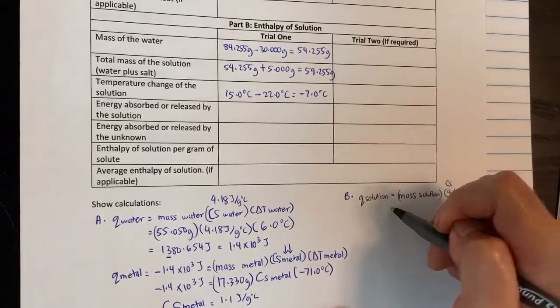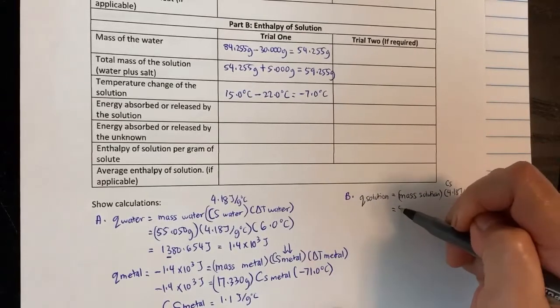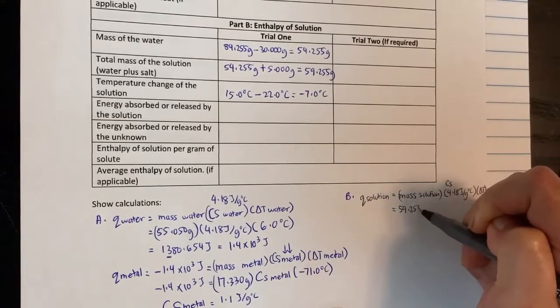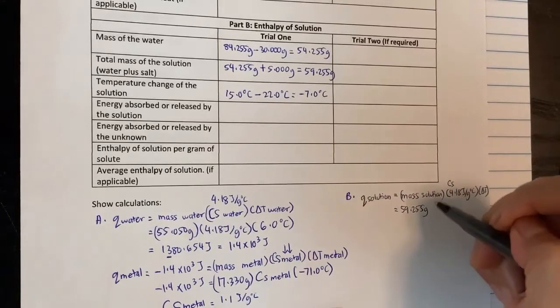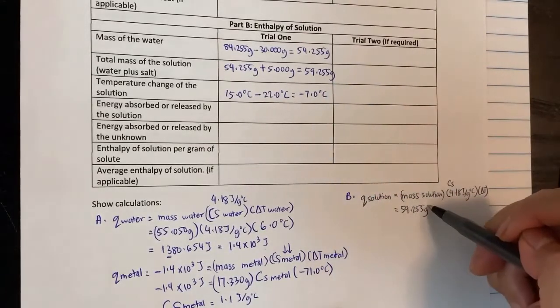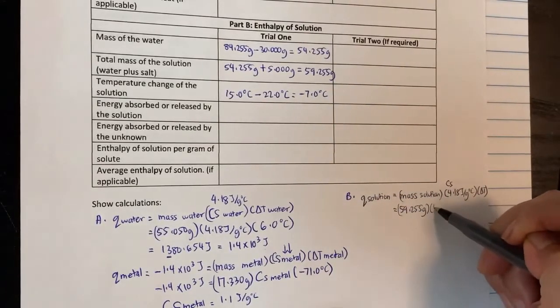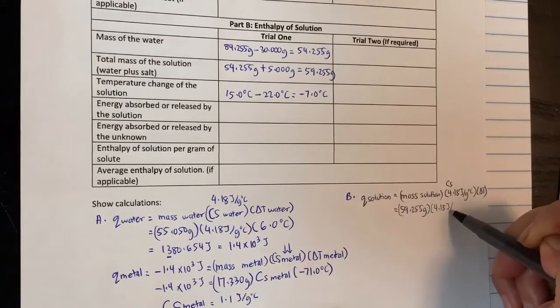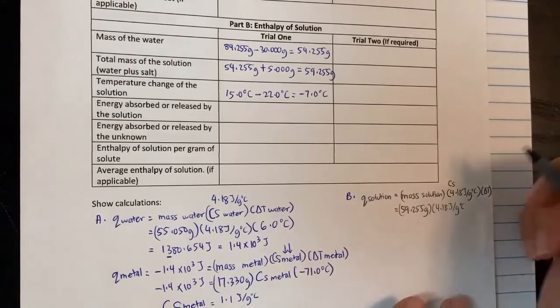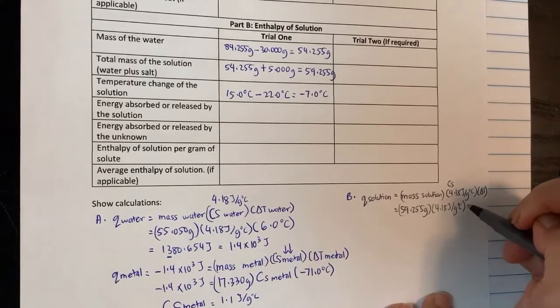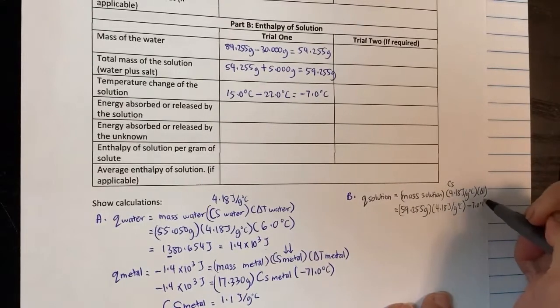So let's go ahead and put this in. The mass of the solution is 59.255 grams because we calculated it here. Then CS is 4.18 joules per gram Celsius, and my delta T is negative 7.0 Celsius.